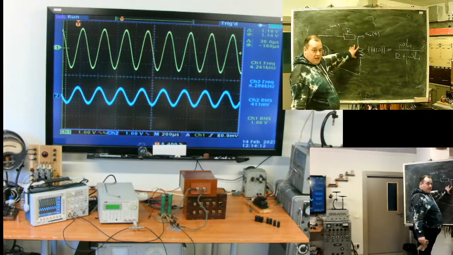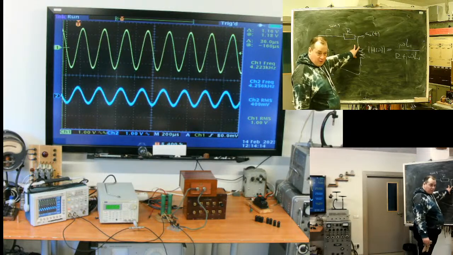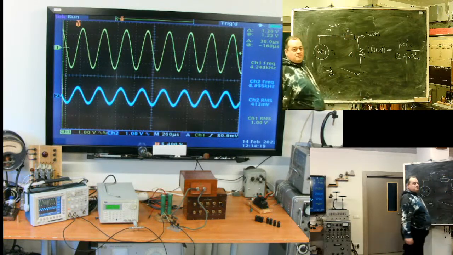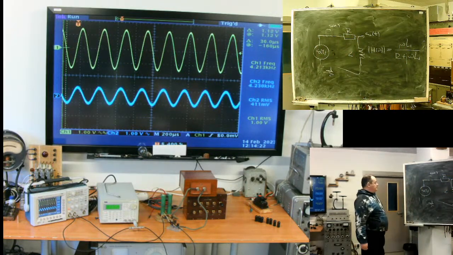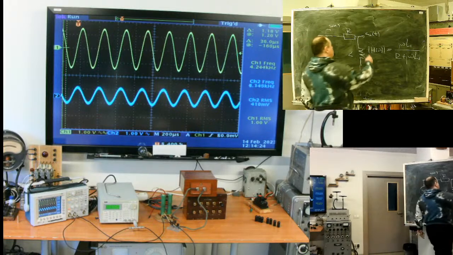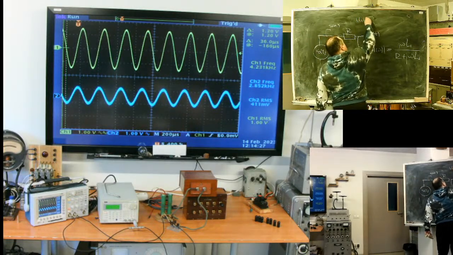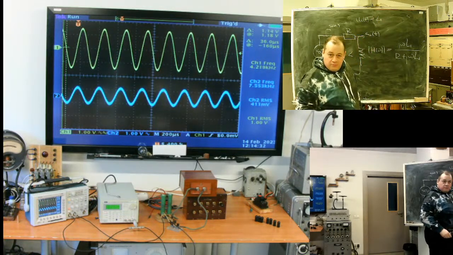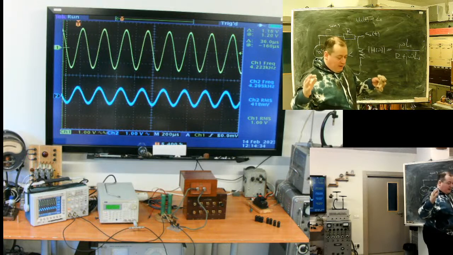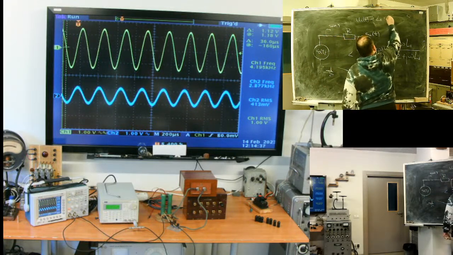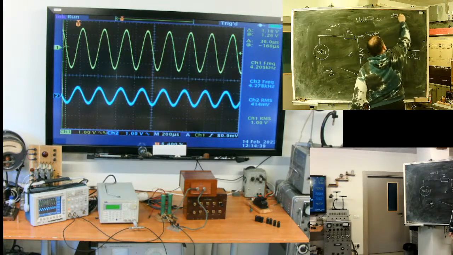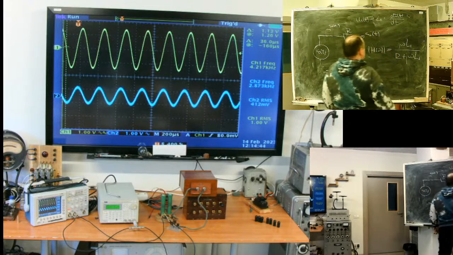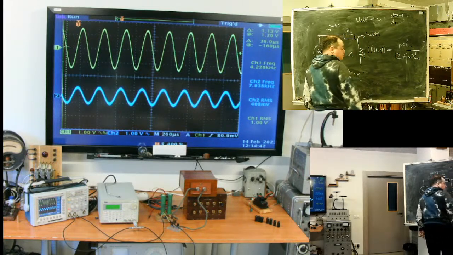And voltage here will be current multiplied by coil resistance. That's because coil voltage is inductance, let's say the measure of magnetic capacity, multiplied by the derivative of the coil current. Yeah?